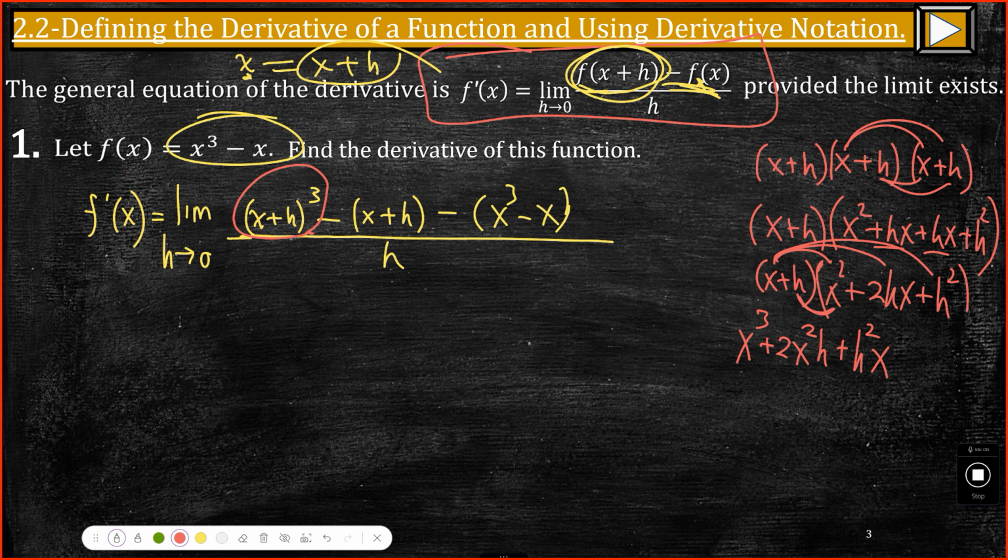This is going to be h times x squared. That's different. That's going to be plus h x squared. Then we got 2h squared x. I can put this one here, 2h squared x, because like terms with this. Then this is going to be h to the third.